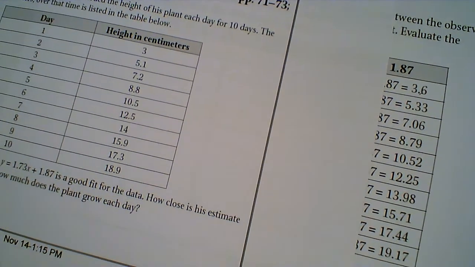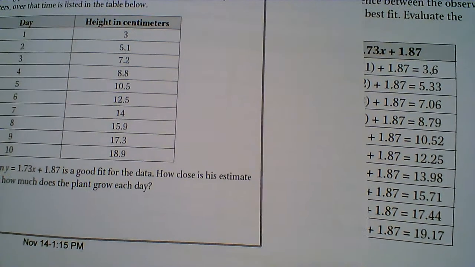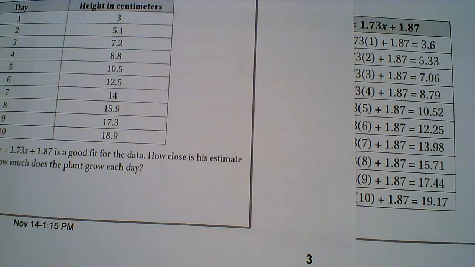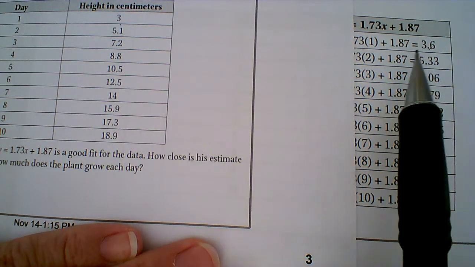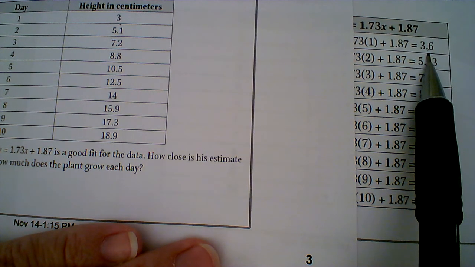So when we look at these pieces of data, we have both of our tables. And now we need to take the original y value from the actual data and subtract the y value that we found from the line of best fit.